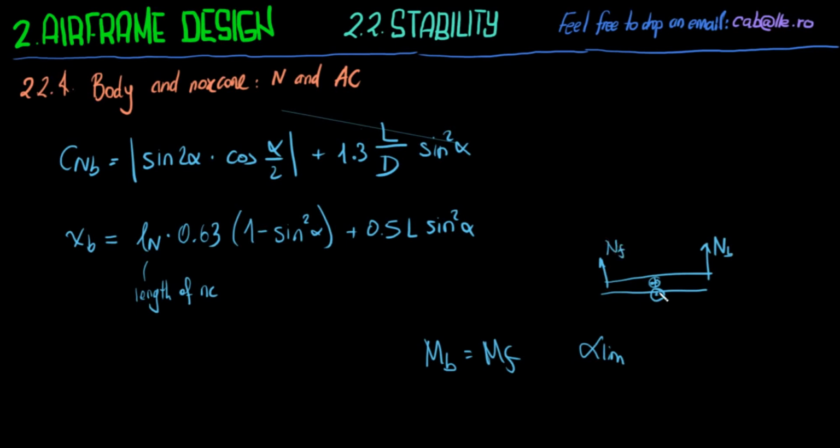So the only way we can have no moment on the overall rocket is because the aerodynamic center is on top of the center of gravity. At this point, the rocket is going to be unstable.